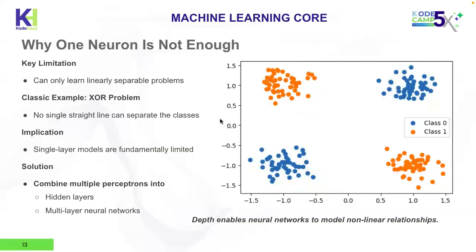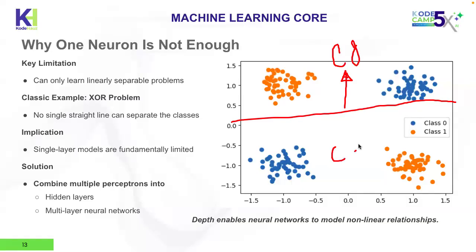Because let's say I train my perceptron to draw this as a decision boundary, right? Let me draw that properly with a different color. If I train my perceptron, draw the decision boundary here, right? Now, in this case, let's even say that up here means true. True is class 0, while false is class 1.